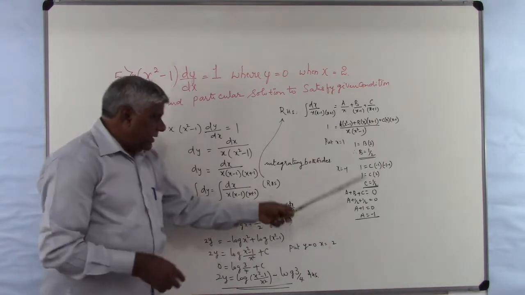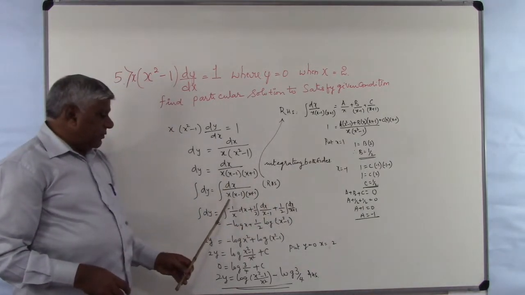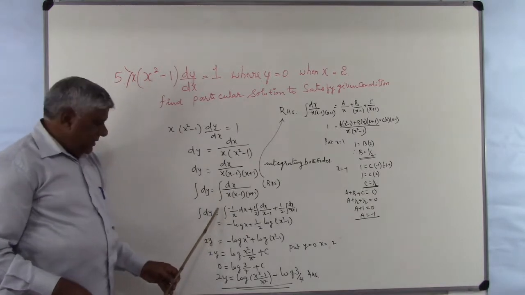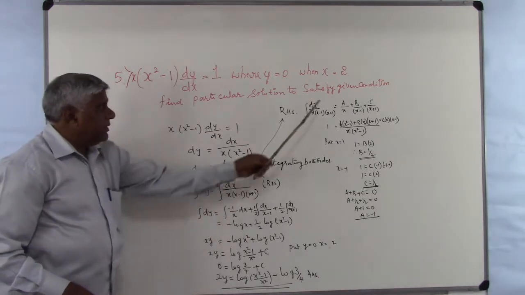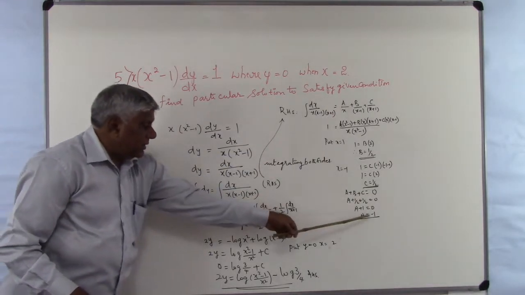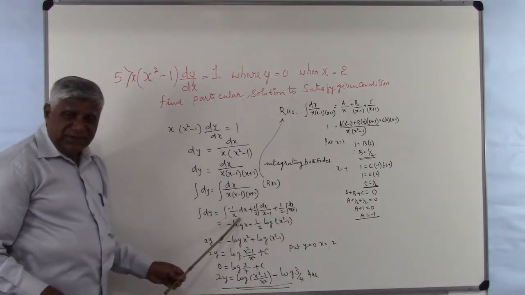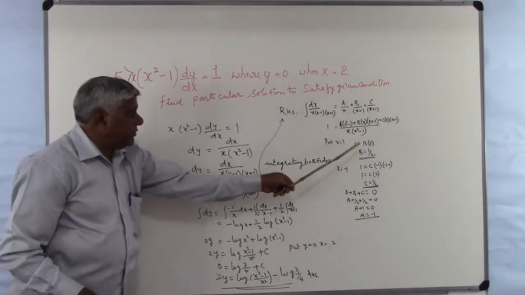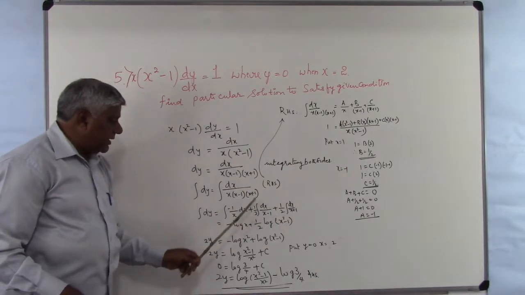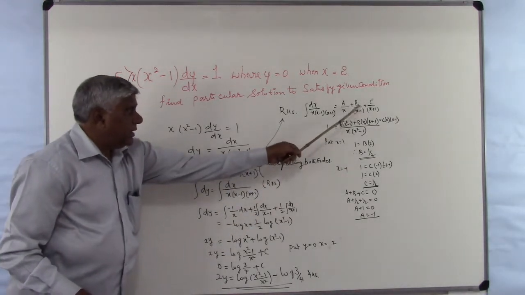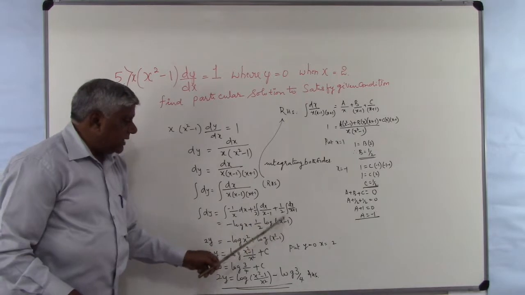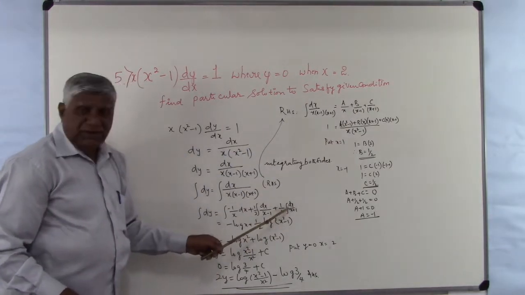Now, coming back here, we split like this: ∫(−1 over x) dx, plus B = 1/2 times ∫dx over (x − 1), plus C = 1/2 times ∫dx over (x + 1).